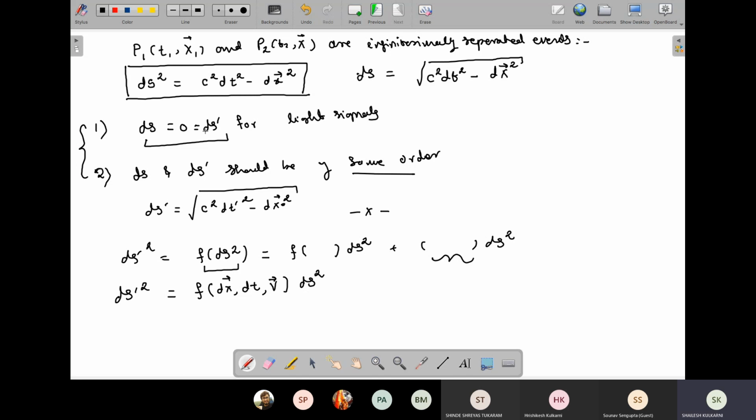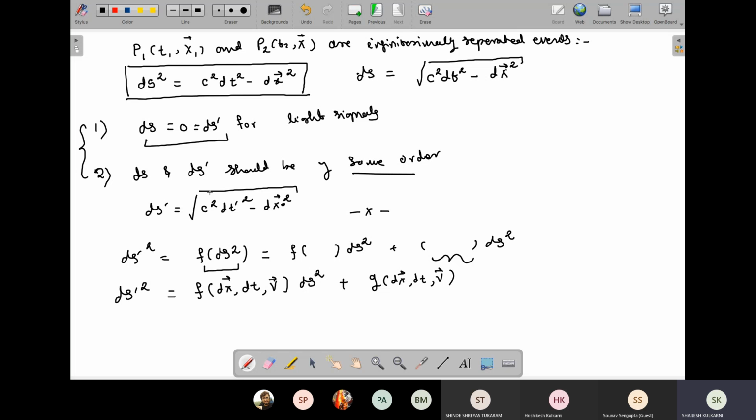Because of the first condition, there should not be an additive term.